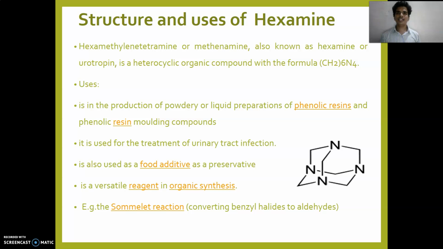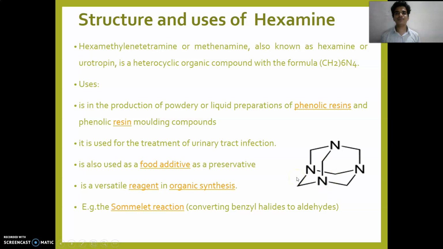Then the structure and uses of hexamine. Hexamethylene tetramine, or methenamine, also known as hexamine or urotropine, is a heterocyclic organic compound with the formula (CH2)6N4. So this is a cyclic complex compound.